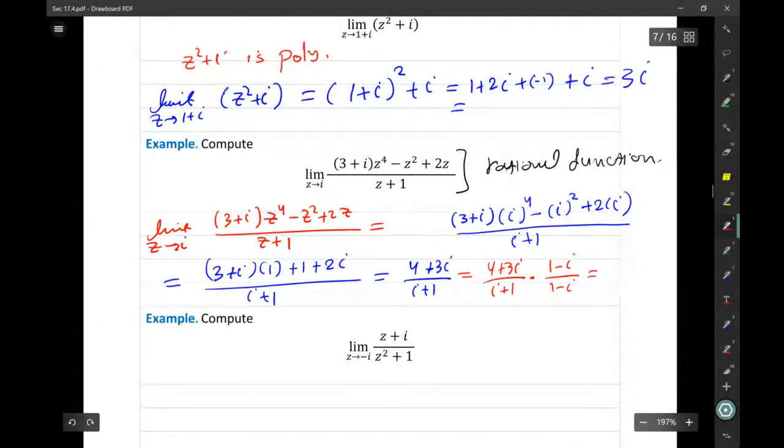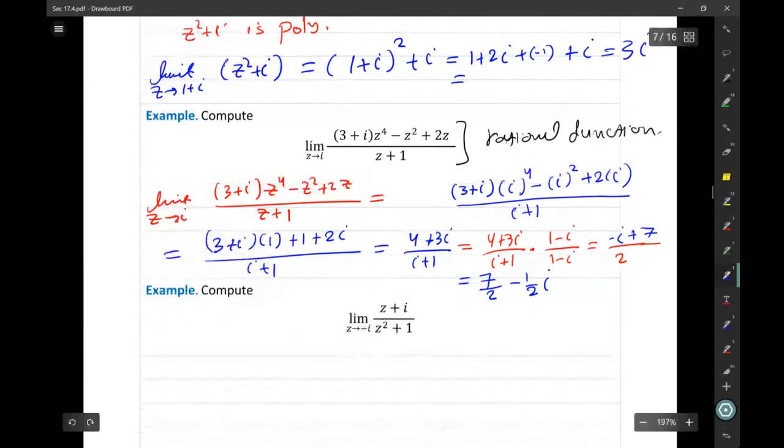The multiplication here gives us 2 in the denominator. Now 4 times 1 is 4, then minus 4i, and 3i, minus 4i plus 3i gives minus i. And now we have 4, and i times minus i gives 1, and 3, so 4 plus 3 is 7, minus i plus 7, divided by 2. Finally this equals 7 over 2 minus half i. So this is the limit here.